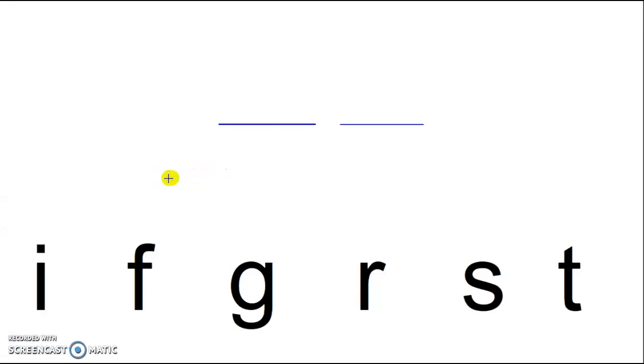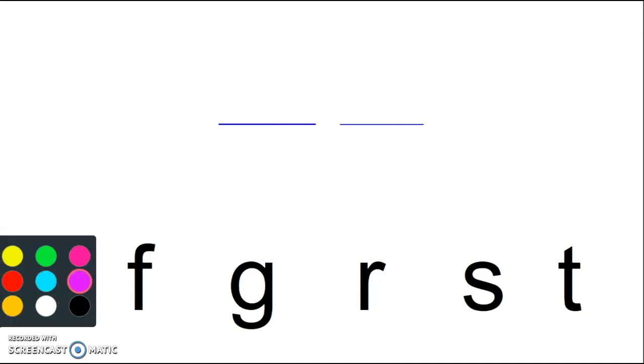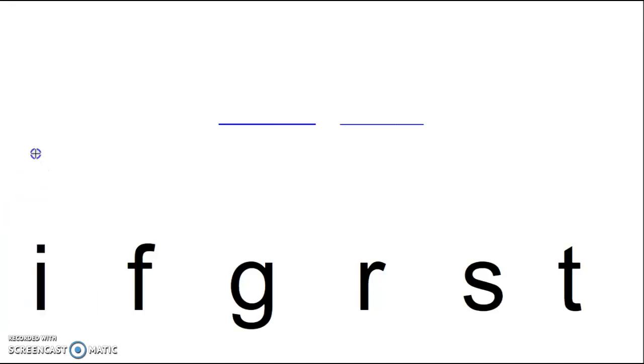is. Is has 2 letters. If we sound out the word is, the first sound I hear is I. Which letter makes the I sound? If you're at home, you can put a circle around this letter like I am, or you can point to it. Letter I makes the I sound.